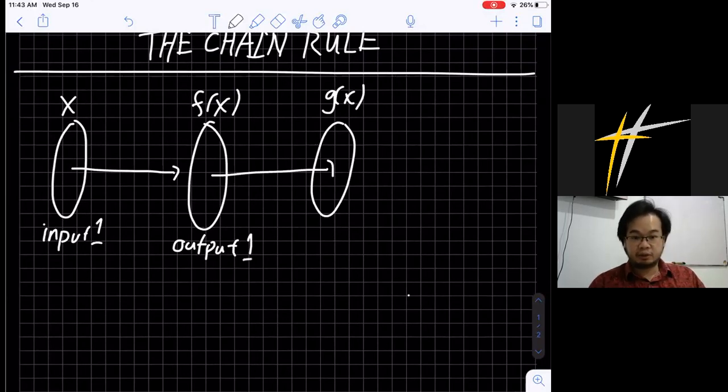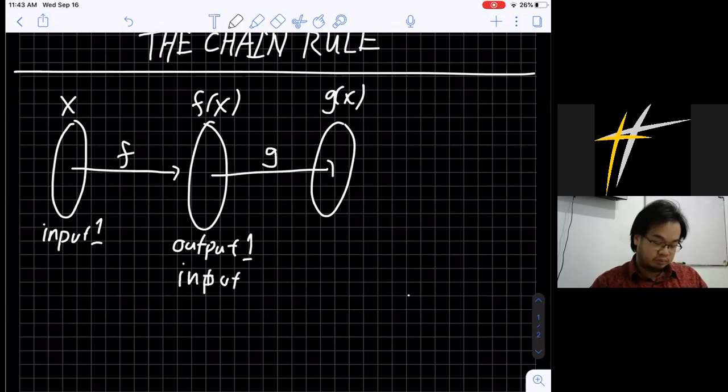So this is function f, this is function g. The output of the first function will be used as the input of the second function, and then processed by function g.